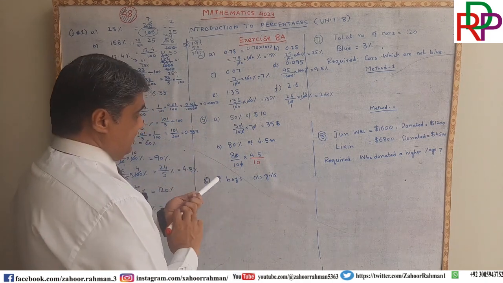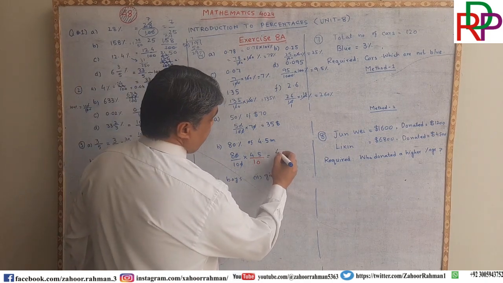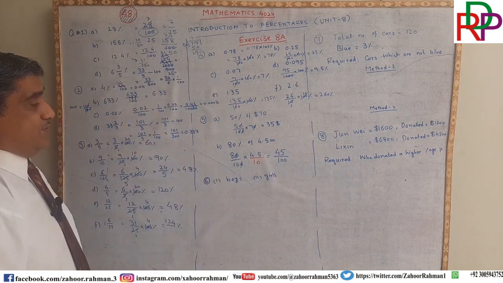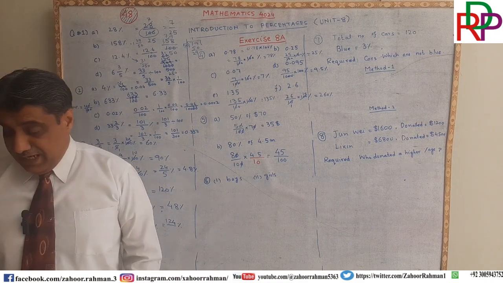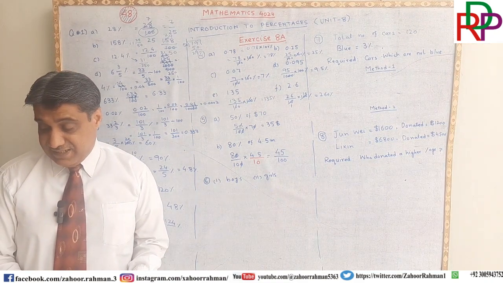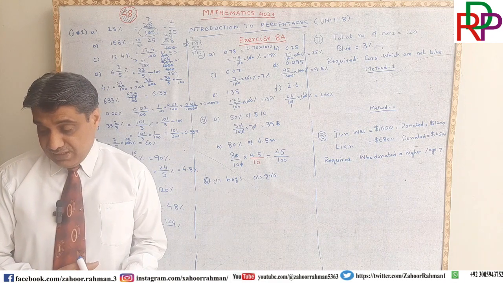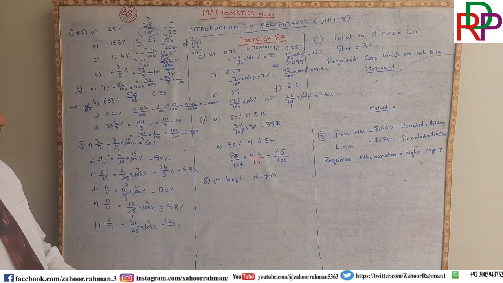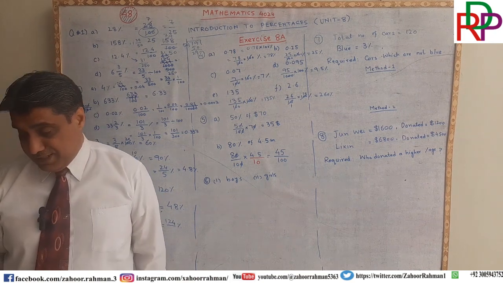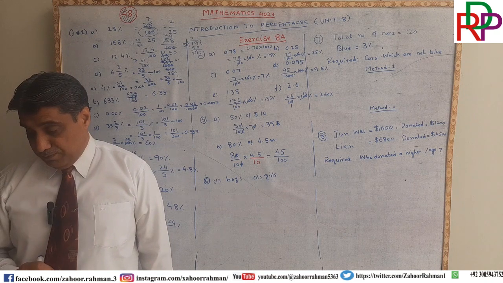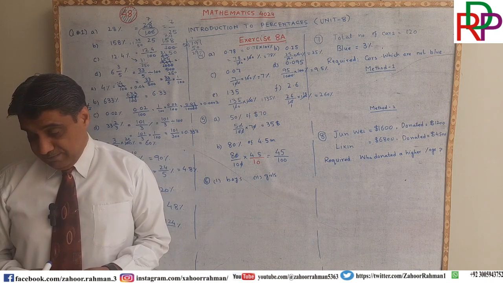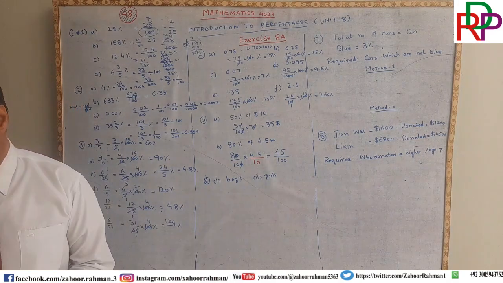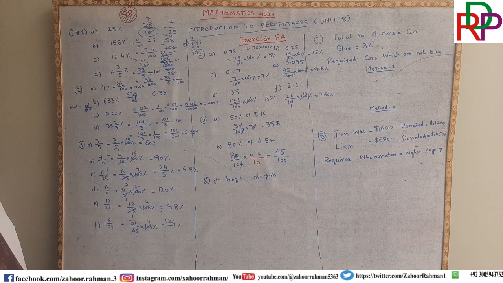So it means that 45 divided by 100, and that is equal to, when we multiply this, 80% of 4.5 meter is equal to 3.6.